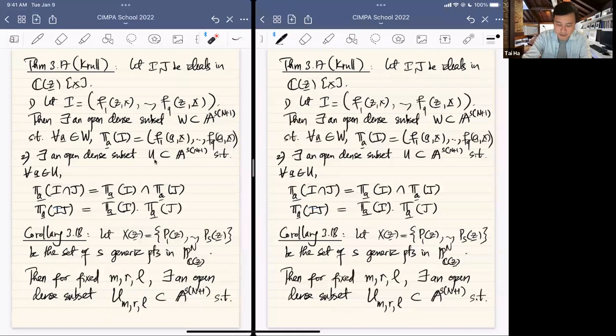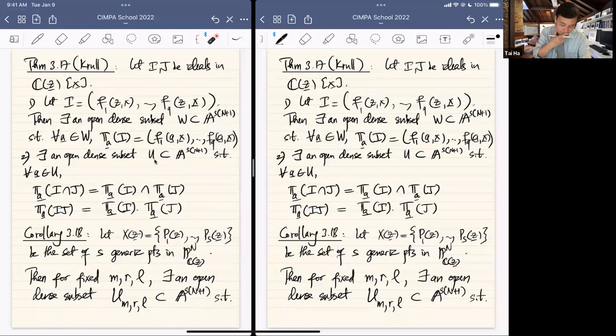Are you talking about this containment, this result here? Yes, this is the result. Could we replace the pi of I intersection J, which is equal to pi of I intersection pi of J, with pi of I times pi of J, so that the two ideals become independent ideals?